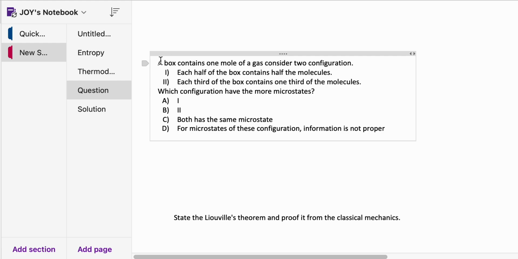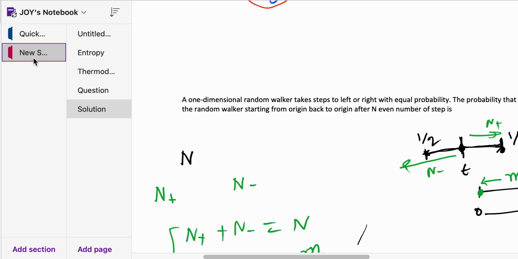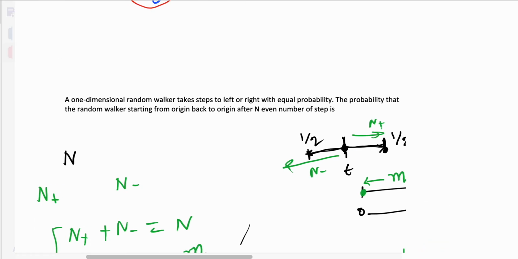Next question is, a box contains 1 mole of gas. Consider two configurations: each half of the box contains half the molecules, and each third of the box. So let me remind you guys of the Gibbs paradox here also, because this question is actually about the Gibbs paradox.